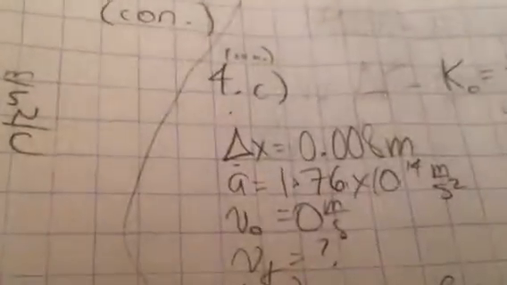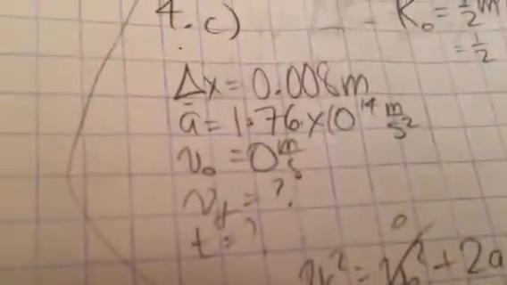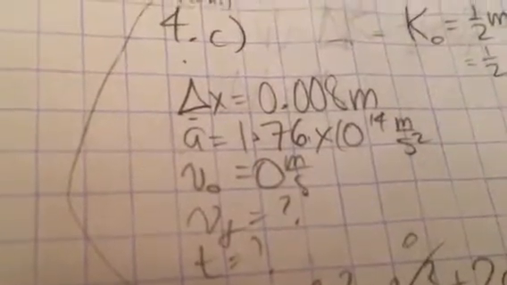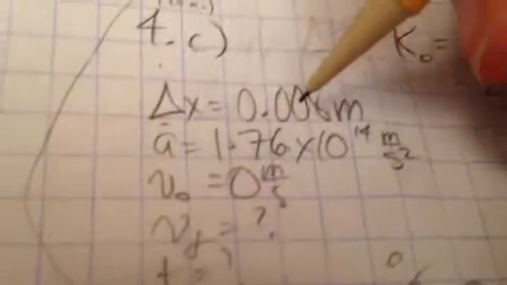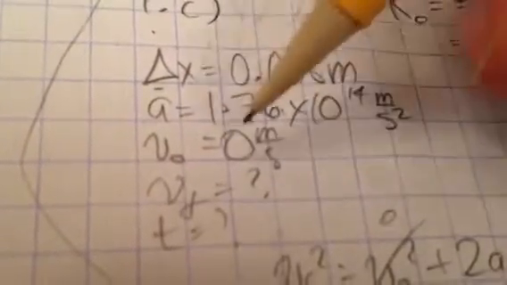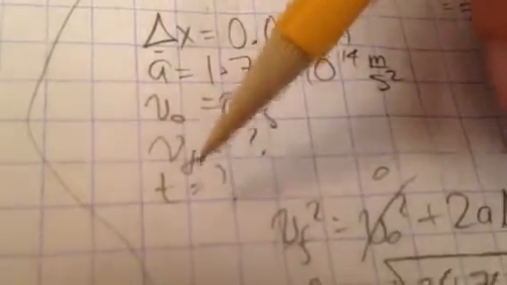Okay, now the last question asks, if the E field ended abruptly after 0.8 centimeters, what percent of its initial kinetic energy would the electron lose? So here we're given that change in x is 0.008 meters. Acceleration is the same value. Velocity initial is 0 meters per second, but we don't know velocity final and time.